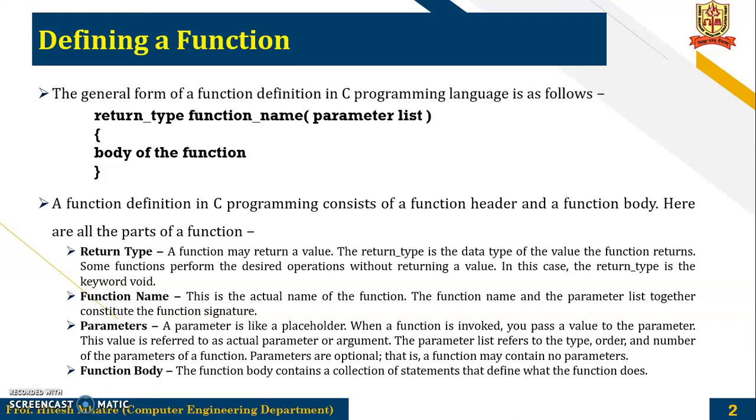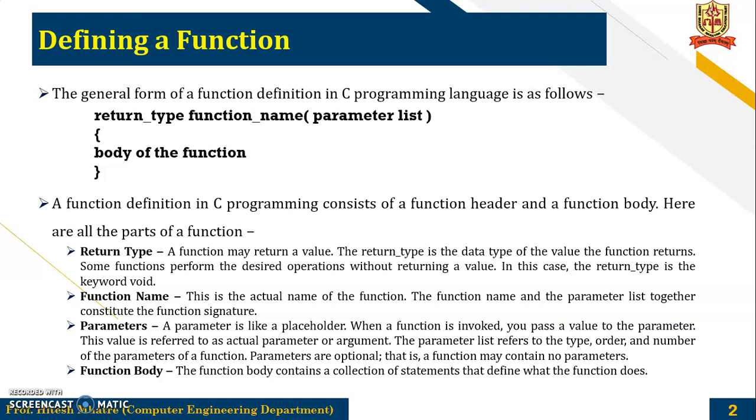The function name and the parameter list together constitute the function signature. Like we have a variable name, similar is the function name. A parameter is like a placeholder. When a function is invoked, you pass a value to the parameters. This value is referred to as an actual parameter or an argument.